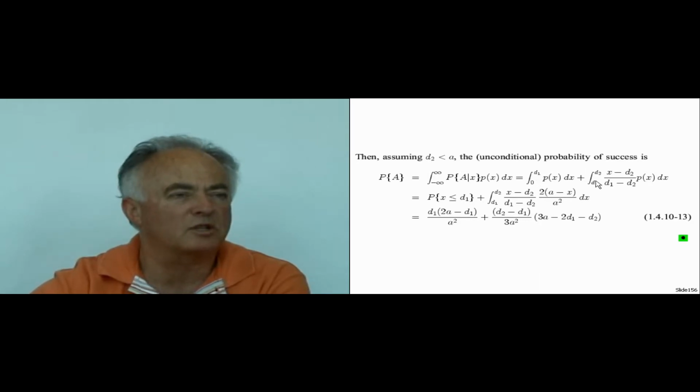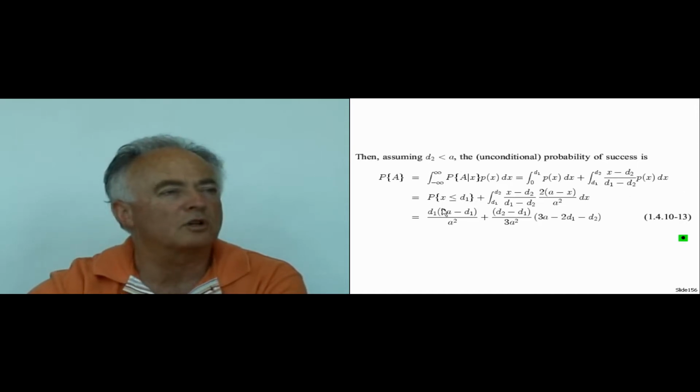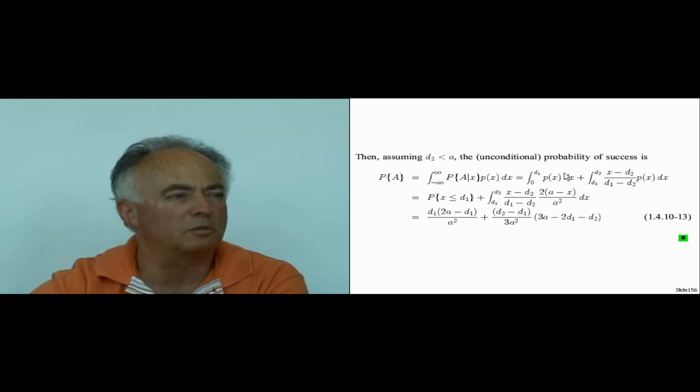Here it is less than 1, and we integrate with respect to px. After d2 it is 0. Therefore, the third term is 0 and it doesn't even appear anymore. This gives us the first integral, just the probability of x less or equal to d1.